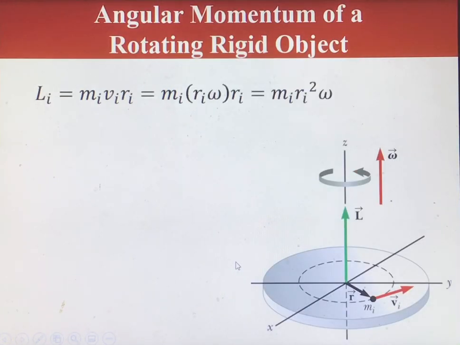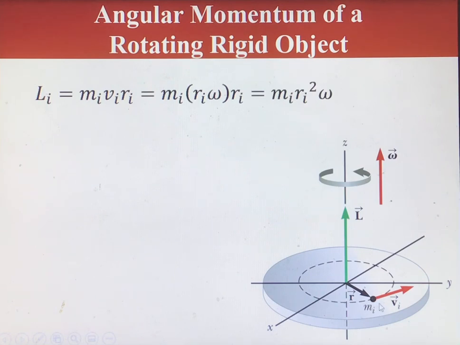All right. So now let's look at the angular momentum of a rotating rigid object. Suppose that you have something like a disk, and this disk is rotating about the z-axis with some angular speed. The angular velocity is given by omega. What I can do is take this disk and chop it up into smaller masses, mi.